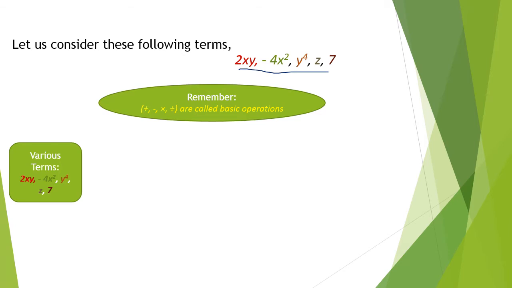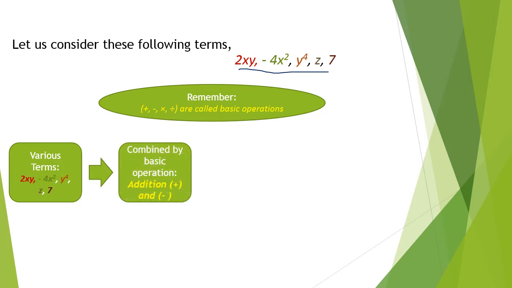These are various terms. Now what we are going to do is combine these terms by basic operations like addition and subtraction. We are going to combine these 5 terms, 1, 2, 3, 4, 5, with the help of addition and subtraction, or plus or minus operators. Now see what we get.